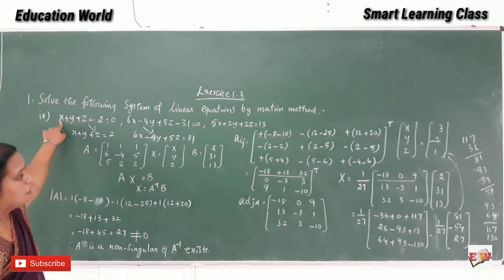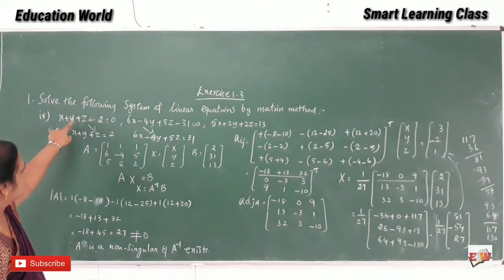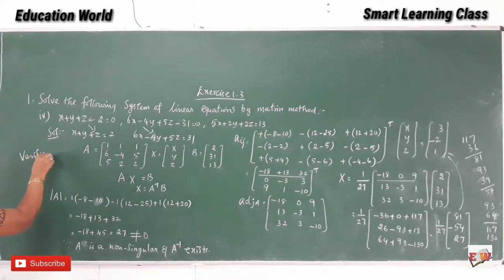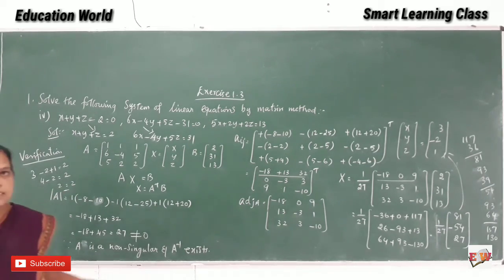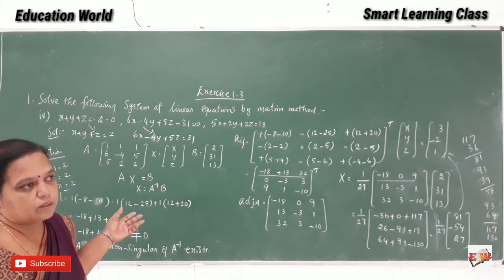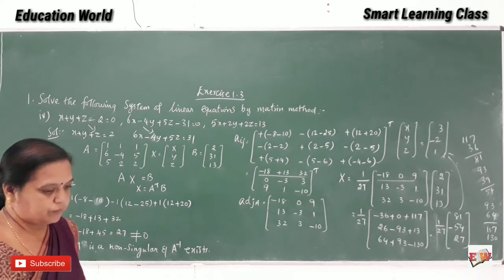Just to do that verification: 3 minus 2 plus 1 is equal to 2. 4 minus 2 is equal to 2. 2 is equal to 2. So the answer is correct for what we found of x, y, z. Thank you.